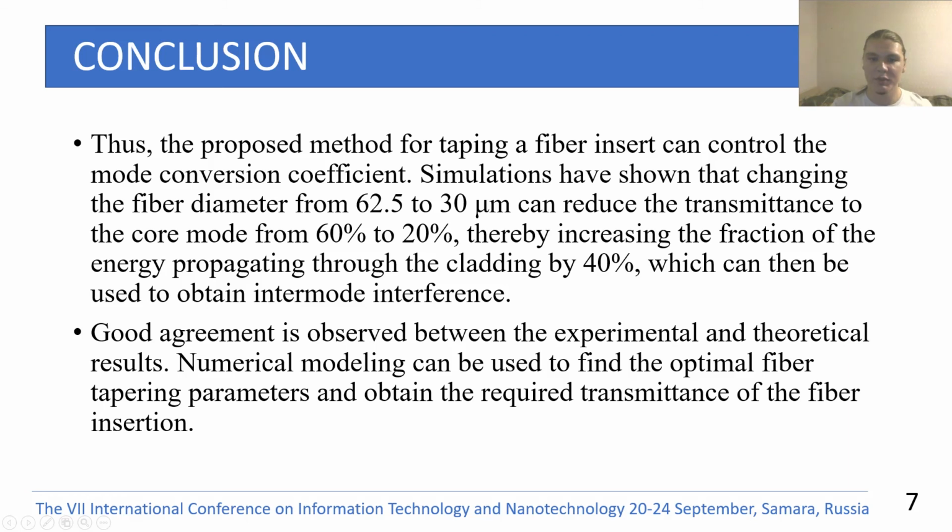Good agreement is observed between the experimental and theoretical results. Numerical modeling can be used to find the optimal fiber tapering parameters and obtain the required transmittance of the fiber insertion.